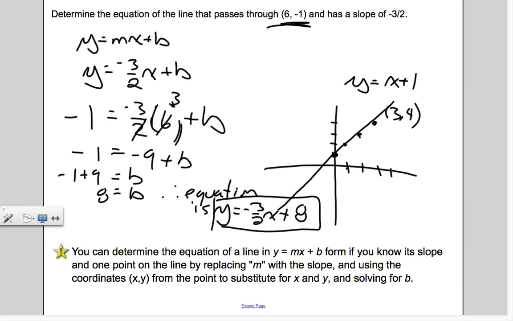So I'll say that again. You can determine the equation of a line in y is equal to mx plus b form if you know its slope and one point on the line, by replacing m with the slope and using the coordinates x comma y from the point to substitute for x and y and solving for b.